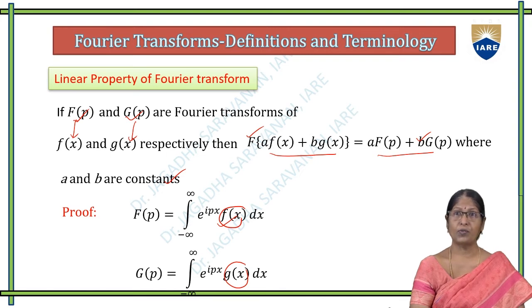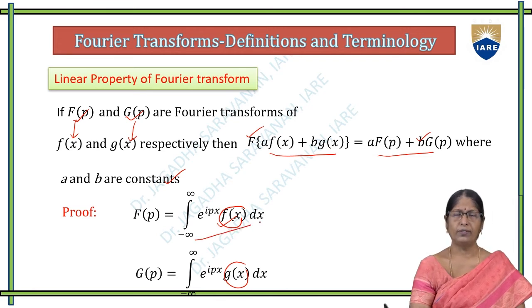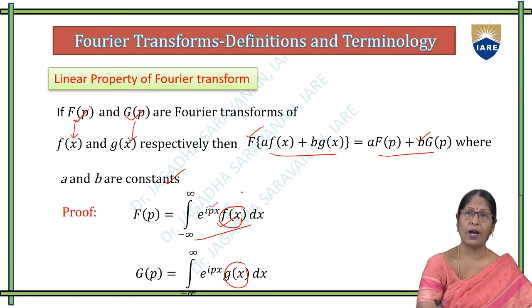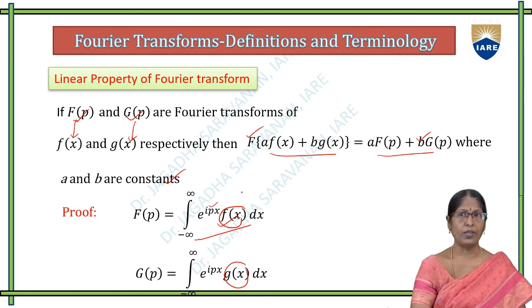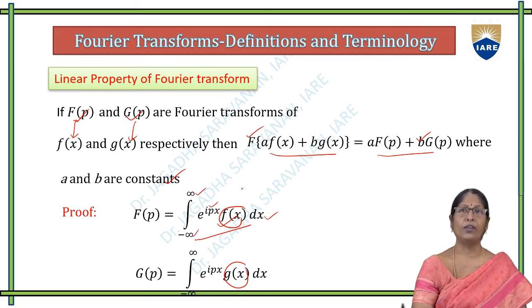The Fourier transform formula is written in mathematical notation. How is this to be read? Whatever function is given should be multiplied by e power ipx, and we have to integrate from minus infinity to infinity.